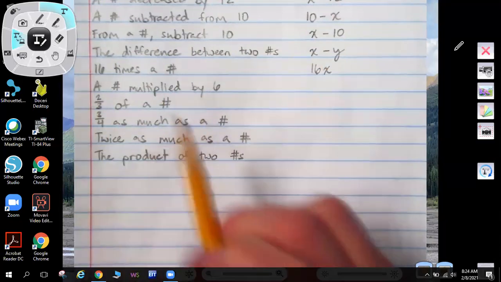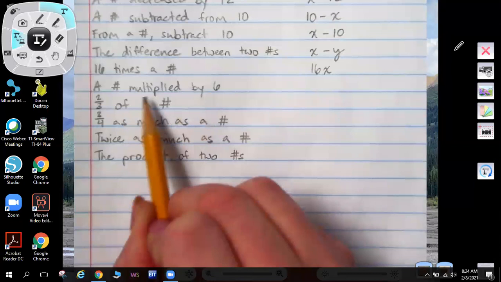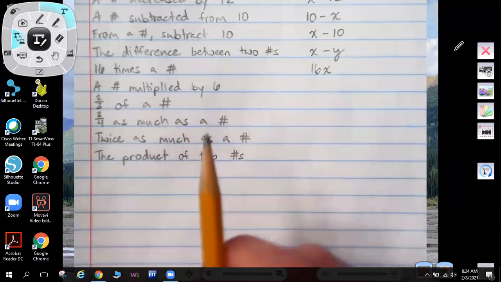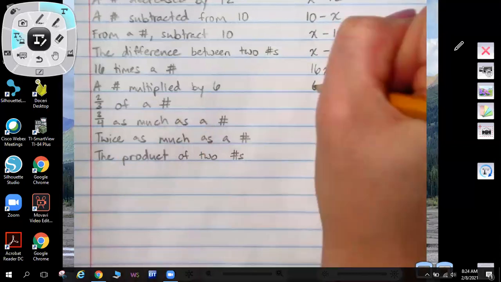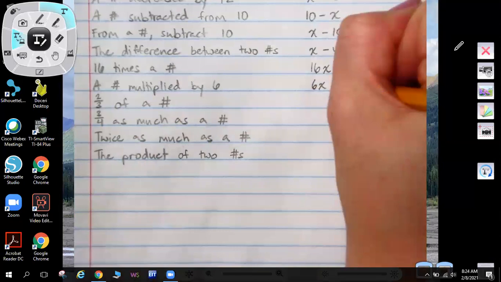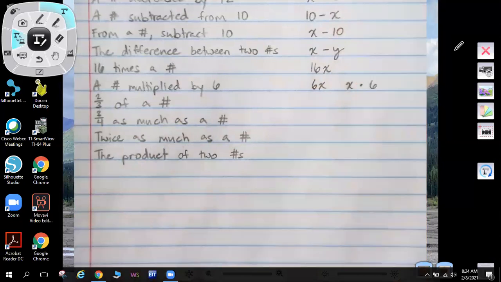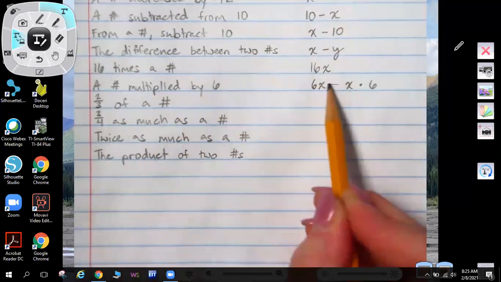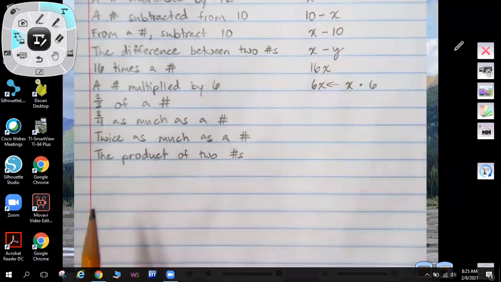So a number x multiplied by 6. So x times 6, which again, we would just write as 6x. It's not wrong if you write it x times 6. But when you have a variable involved, it's just easier to write it this way, 6x.